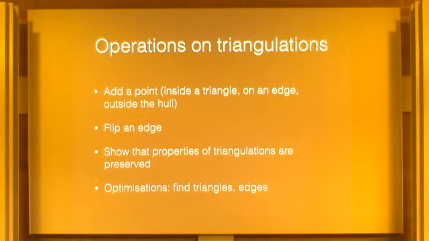We have described what it is to flip an edge in terms of the combinatorial of triangulation, and we have described what it is to add a point inside a triangle. But the other cases, adding a point when it happens to be on an edge, or adding a point when it is outside the convex hull, have not been done yet. I know how to do it, but the intern didn't have time to work on it.